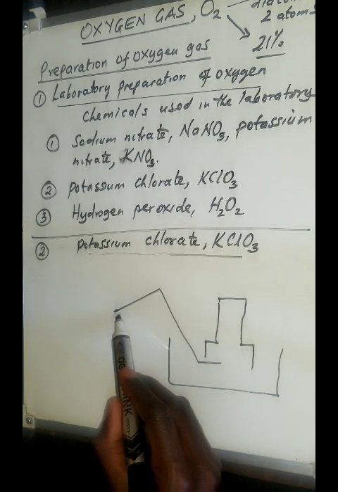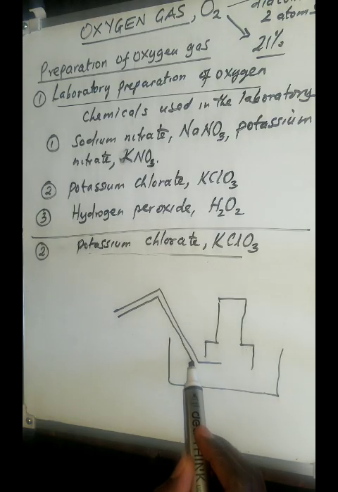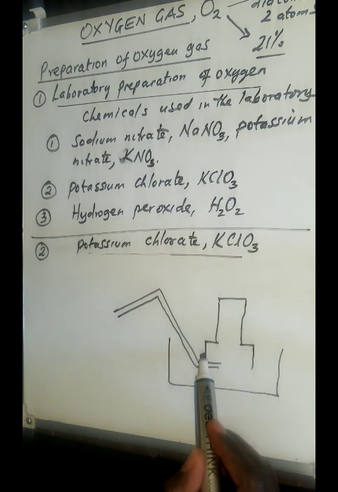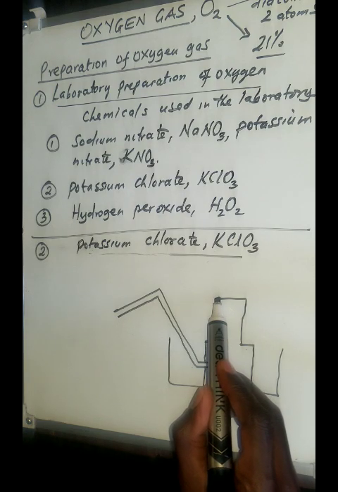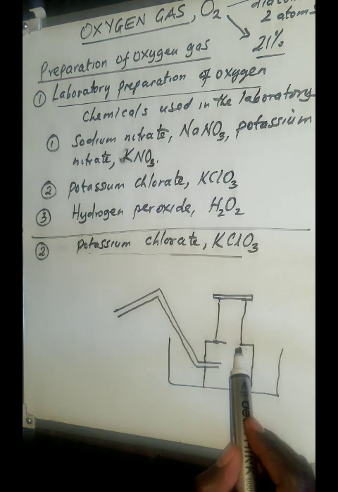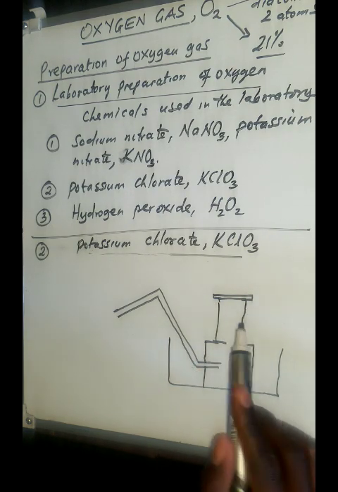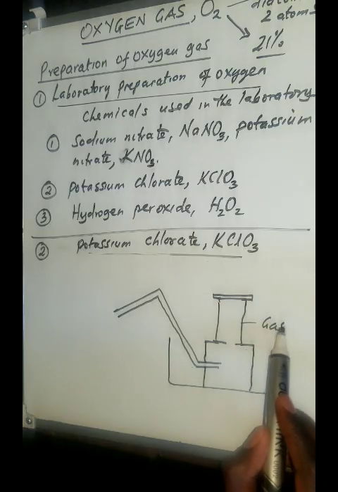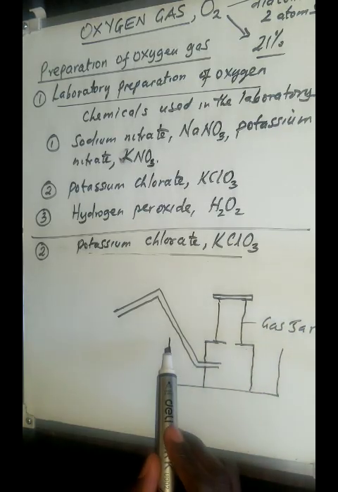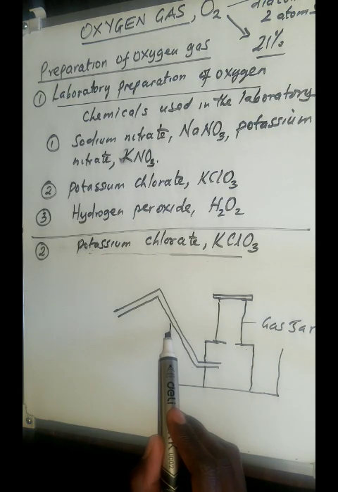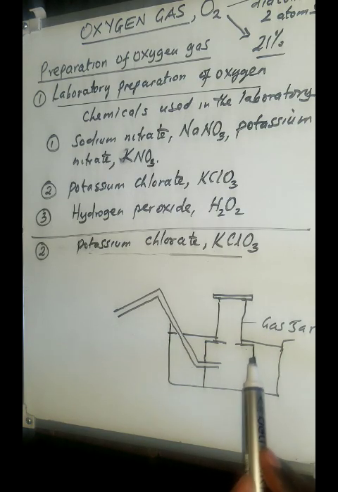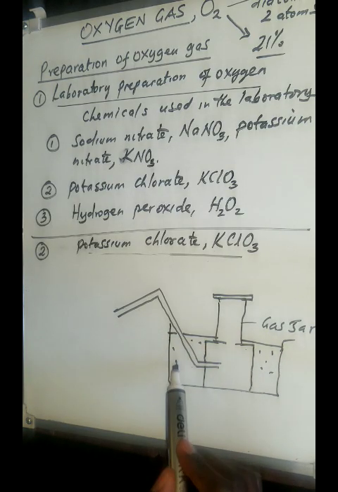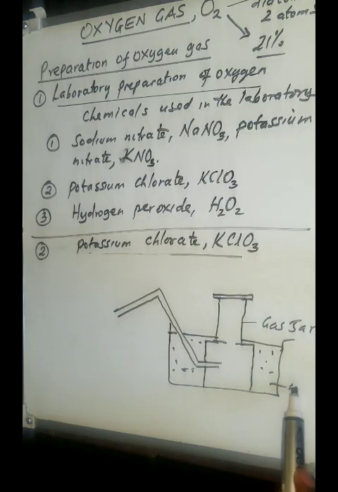Hopefully you checked out that video, so you're going to see what you need to do in collecting different particular gases that we do have. So this is representing a gas jar. This is a water trough. Let me just represent it like that. So this is a water trough that you're going to use. So water can be in there.